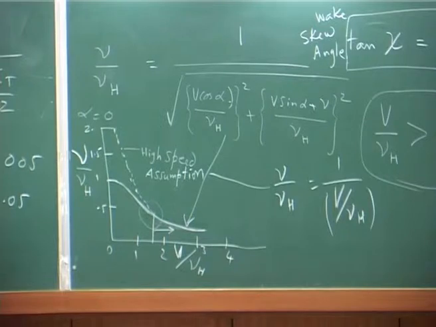Now at what point can I make the high speed assumption, at what velocity? That was the question. The velocity at which you can make the high speed assumption without making a lot of error is when V over nu h is greater than 1.5.